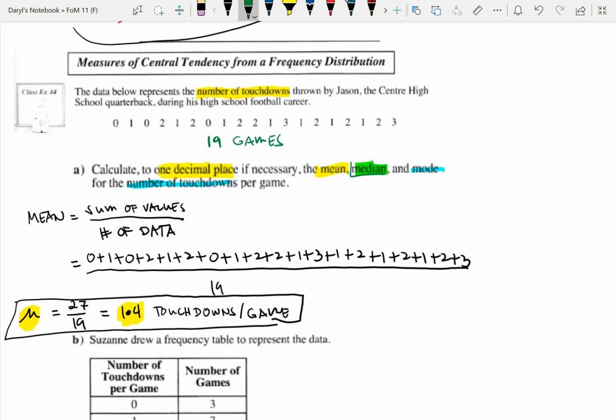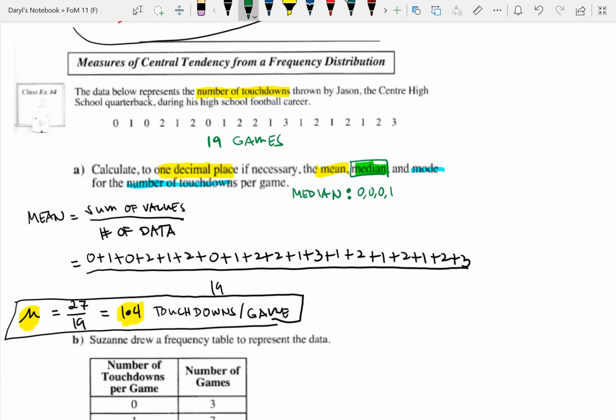So how would you get the median? In getting the median, we need to arrange them from least to greatest. So you have here 0, 0, 0, 1.